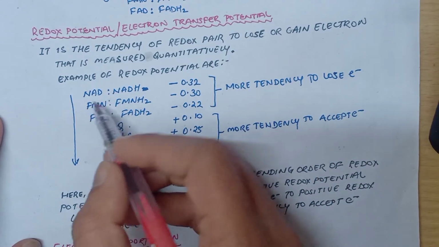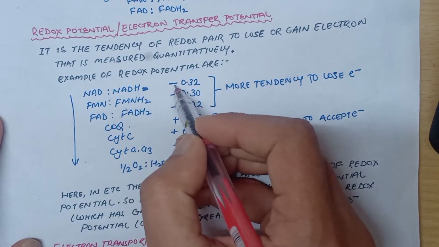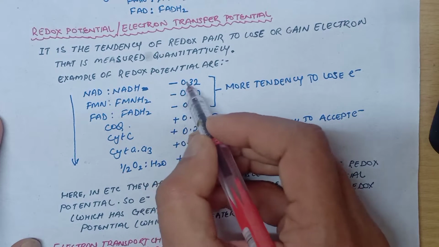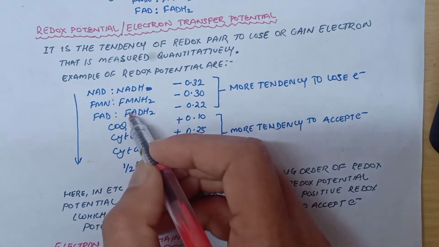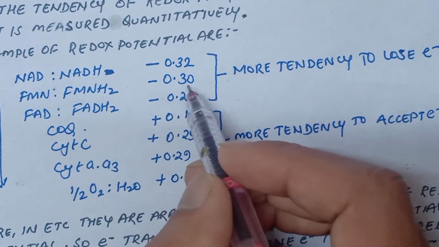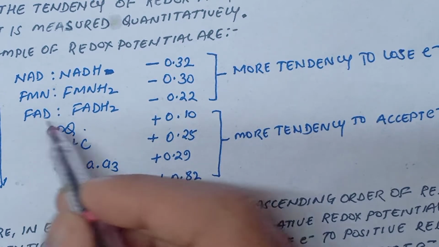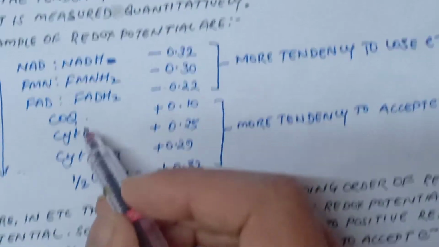NAD and NADH are at lower redox potential, and their value is minus 0.32. FMN and FMNH2 has minus 0.30. The redox potential of FAD and FADH2 is minus 0.22.